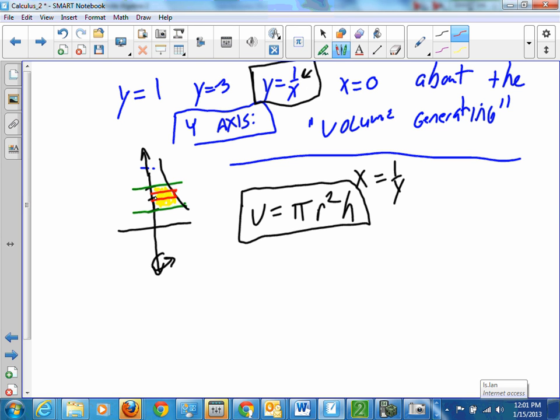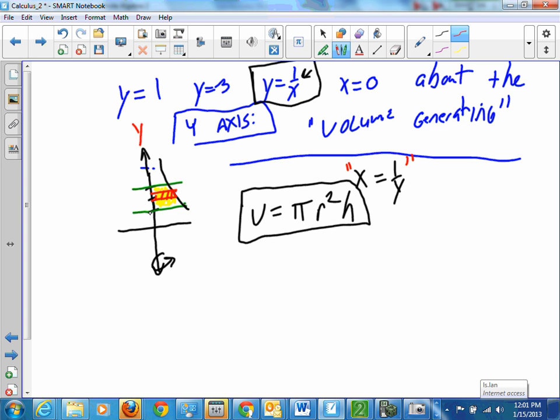What do we call this little strip right here? Yeah, that's the radius, but the width of that is dx. But in this case, since it's touching the y-axis, it's actually dy. So that's why we're going to use x equals 1 over y as our function.